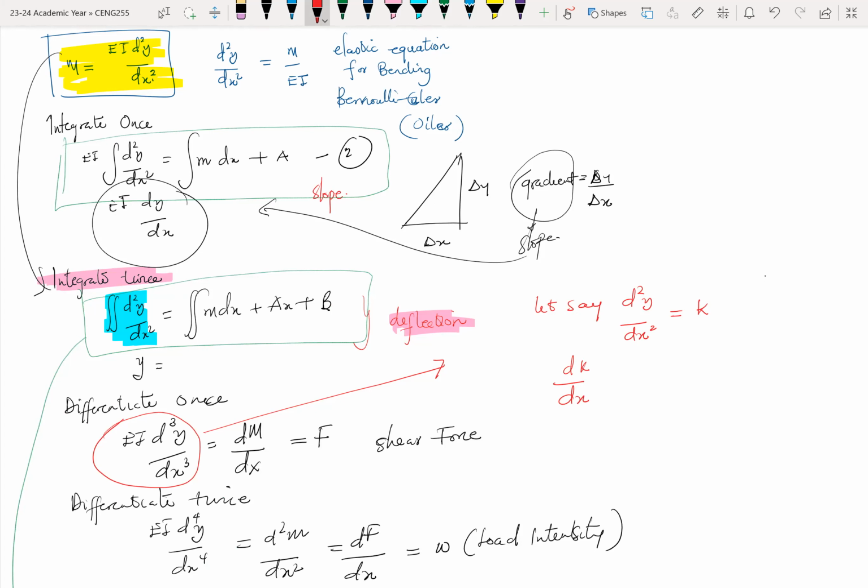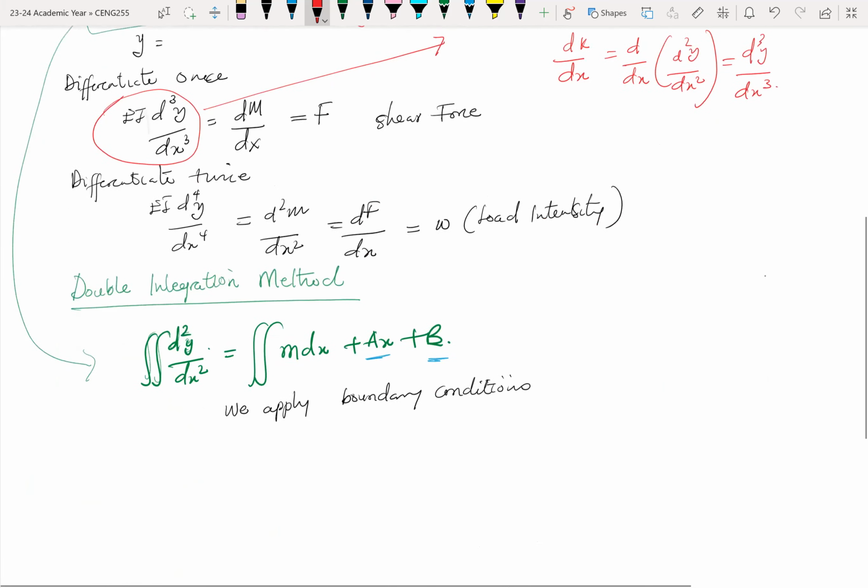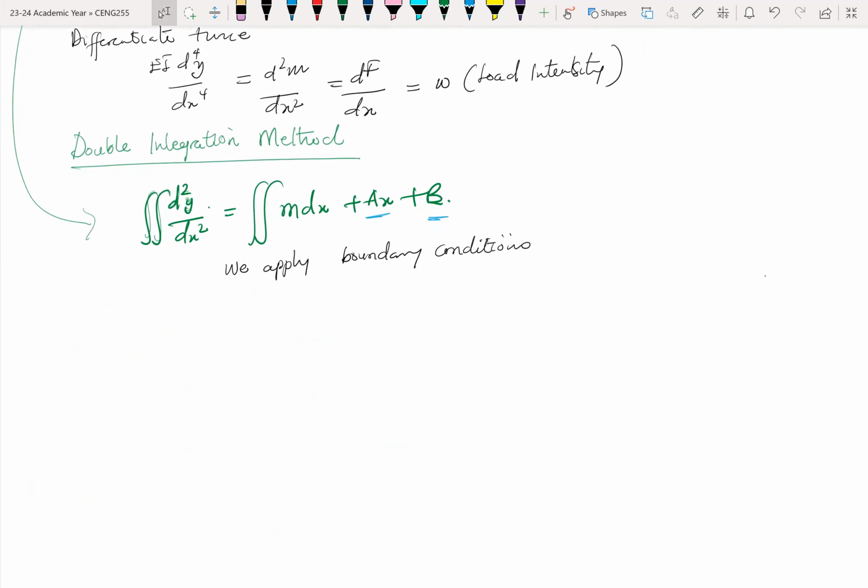But I know k to be d^2y/dx^2, so this becomes d/dx of d^2y/dx^2, and this is the same as d^3y/dx^3. That's just the whole idea behind differentiation. We'll look at some examples in the next few minutes or so.